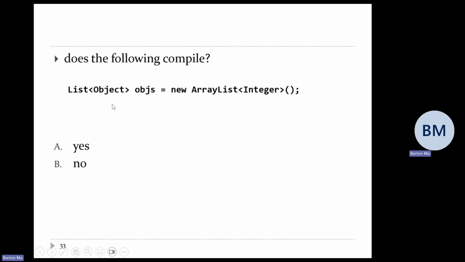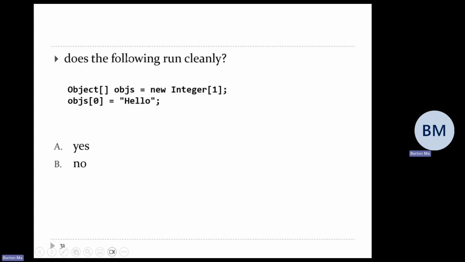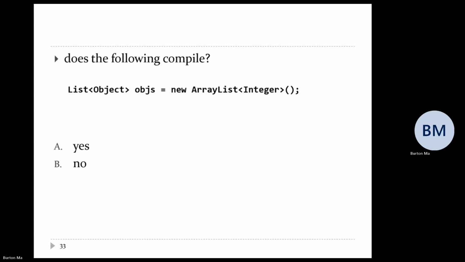So that is not substitutable for a List of Object, and the compiler stops this from happening, which prevents this problem from happening later on. And so that's why the language designers prevented you from creating an array of generic type. Arrays and generics don't play nicely together.